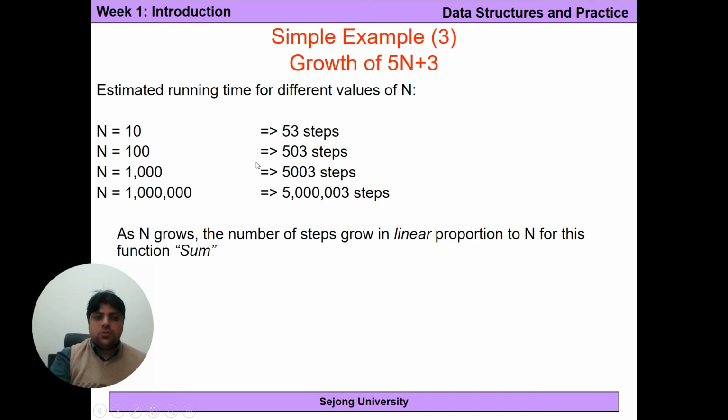Similarly for 1000, 5003, and for 1 million, it would be 5 million steps. As n grows, the number of steps grows in linear proportion to n for this function sum. So our complexity function is behaving in this way.